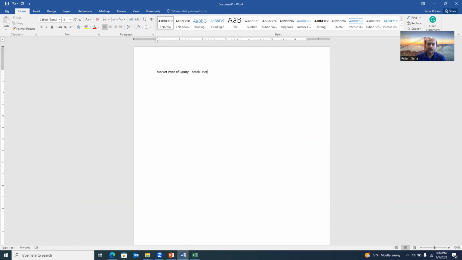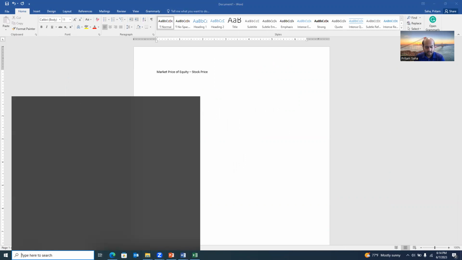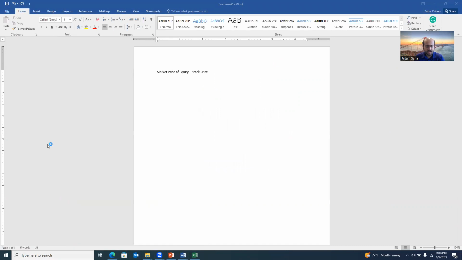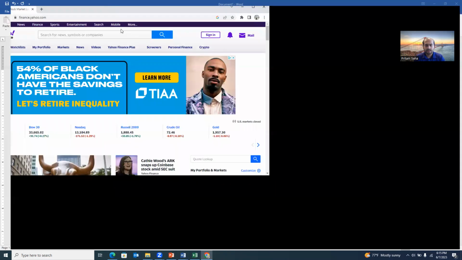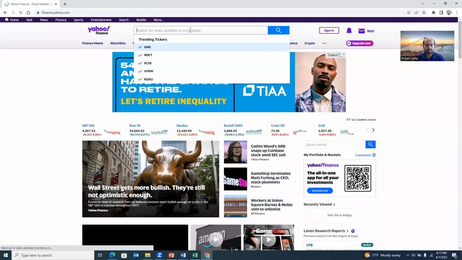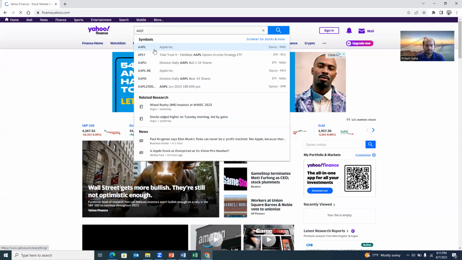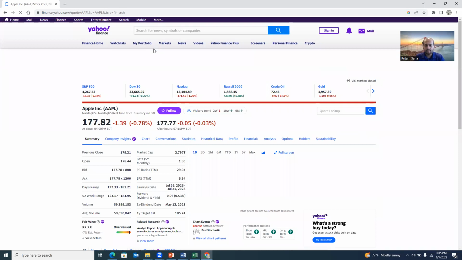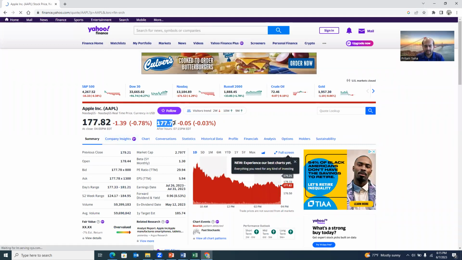If you go to Yahoo Finance or anywhere, and let's say you just type in Apple, the stock price of Apple is right now 177.77.